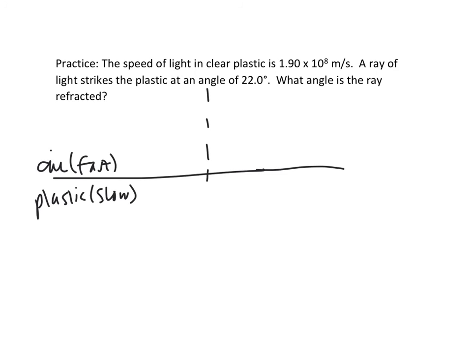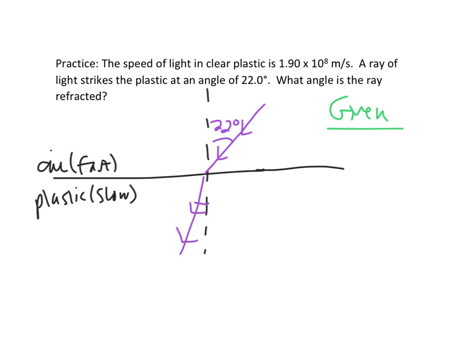Here's the normal line. The ray comes in at an angle of 22 degrees, and then it's going to refract into the plastic. Because we're going from fast to slow, we know that this angle has to be less than 22 degrees.